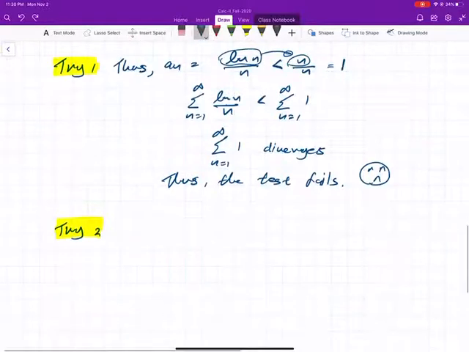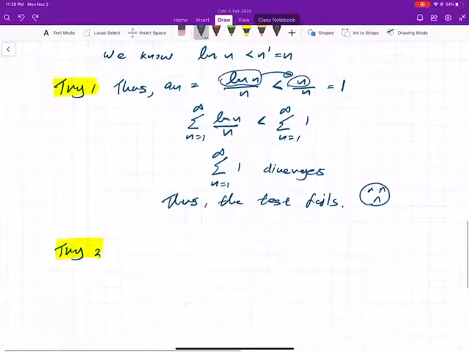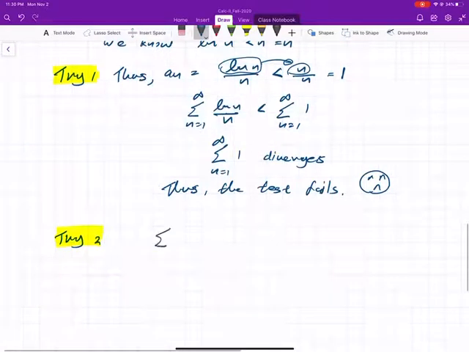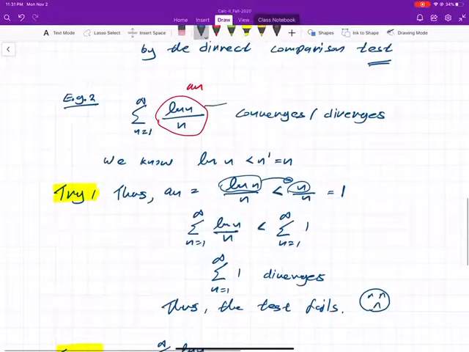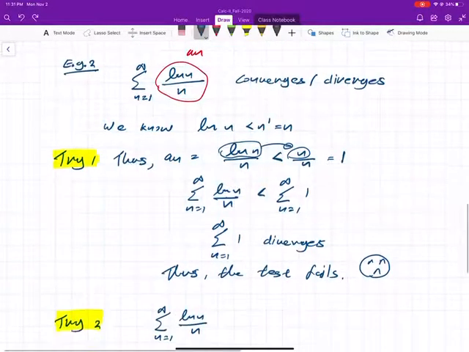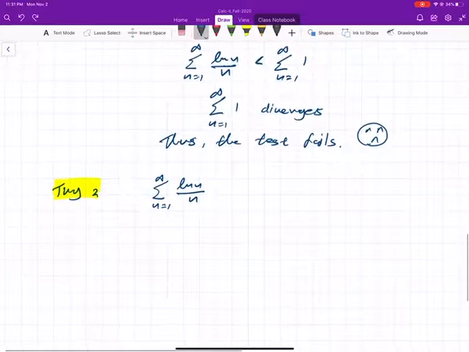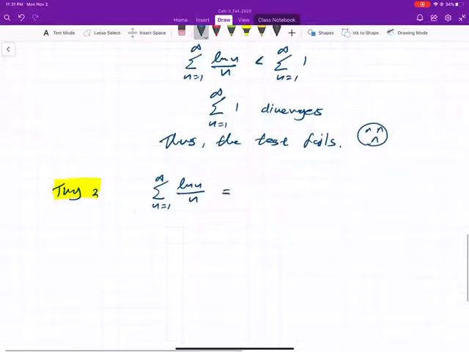For that, I will just rearrange this series. This is the given series. I'm going to write the first three terms of this series. The first term is ln 1 over 1. The second term is ln 2 over 2.